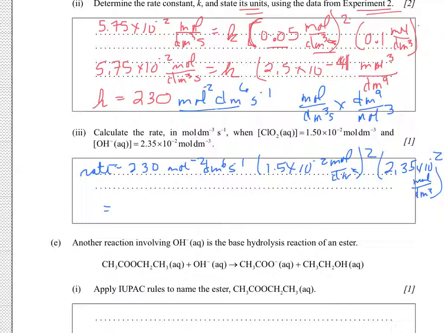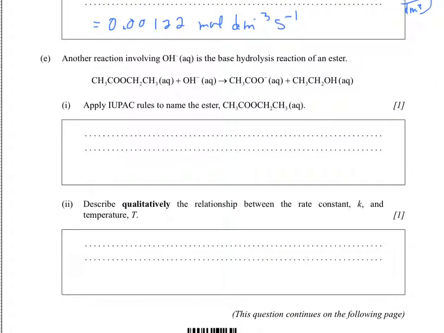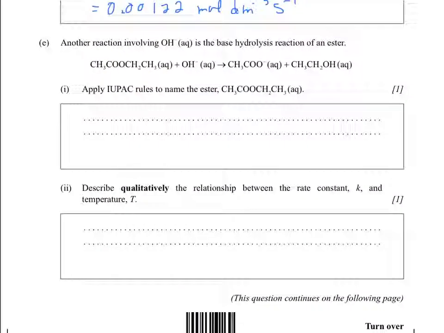I'm going to end up with the answer of 0.00122 moles decimeters to the negative third seconds to the negative 1. Naming the ester, it is ethyl ethanoate.